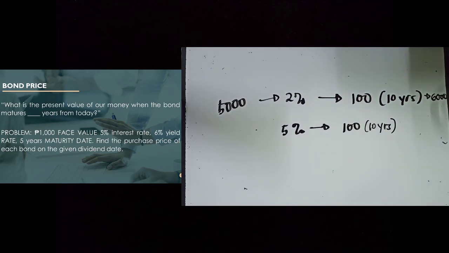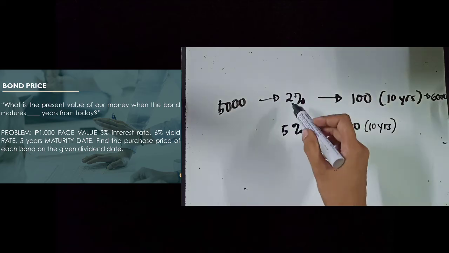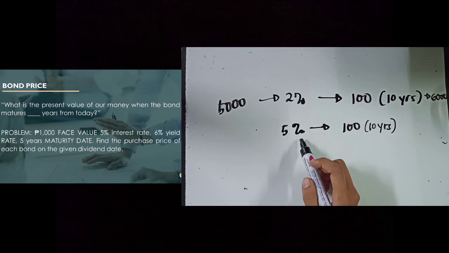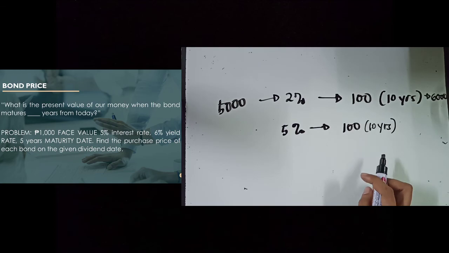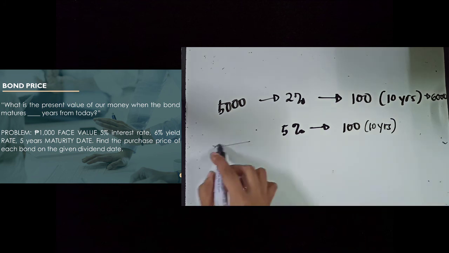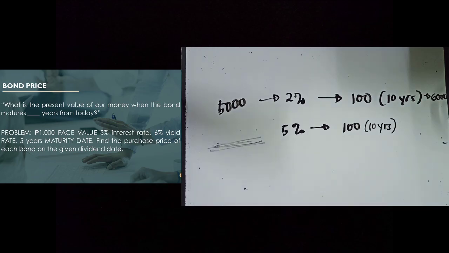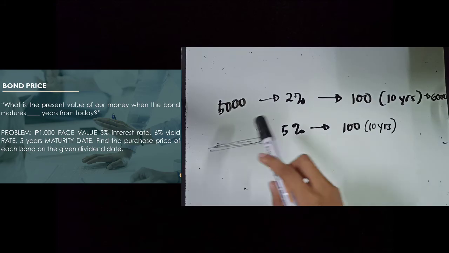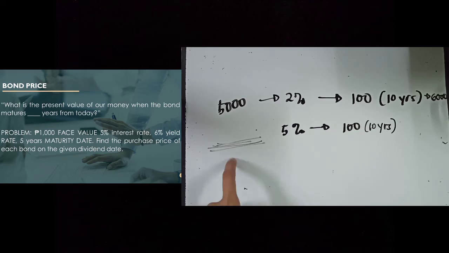So, obviously, kita naman natin, from 2%, umangat yung interest rate or umangat yung coupon rate. Okay? But then, same yung amount na matatanggap nyo. Hindi maapektuhan yung cash flow. Okay? So, ngayon, magkano yung bond price? So, kung tumaas itong coupon rate, ibig sabihin, bumaba ang bond price. So, ano yung bond price?